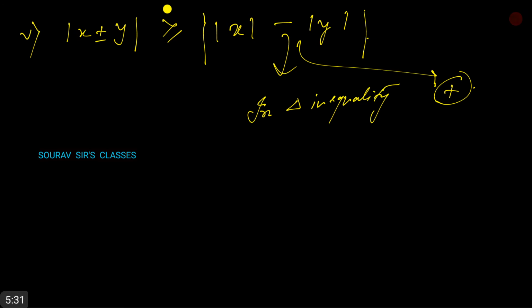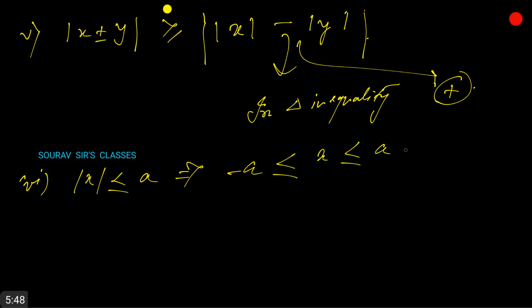So let's see, in the sixth position we have modulus of x is less than or equal to a, which means minus a is less than or equal to x less than or equal to a.